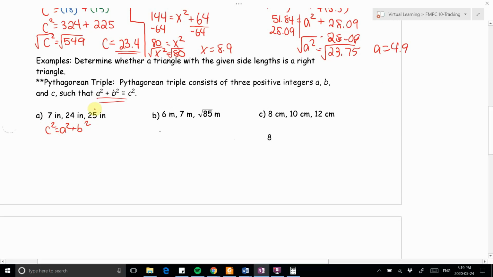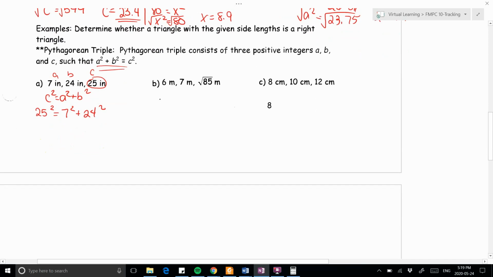Remember, the longest side is always going to be my c. So in this case, 25 squared is equal to 7 squared plus 24 squared. These two don't matter as much, but c is the important one.